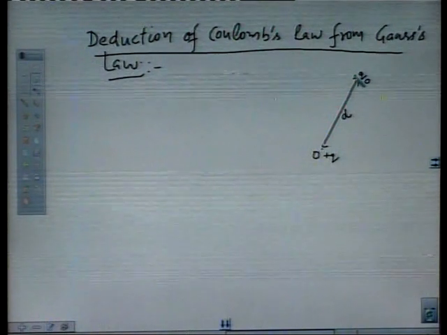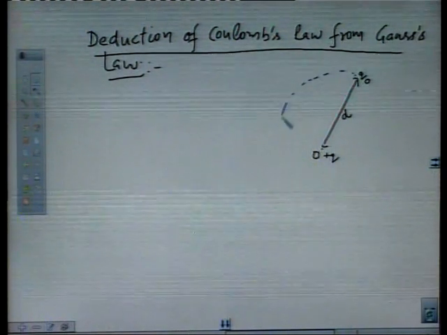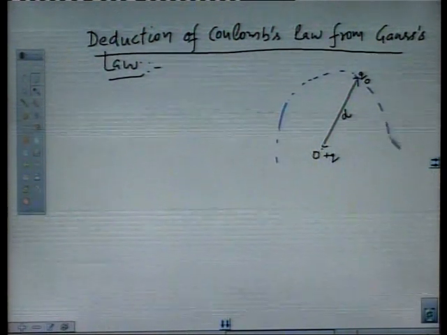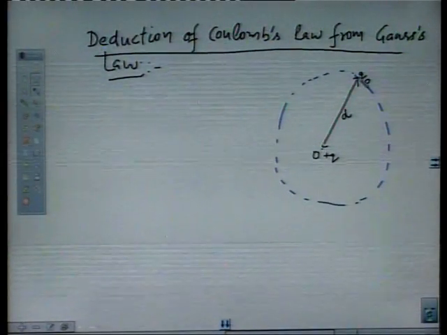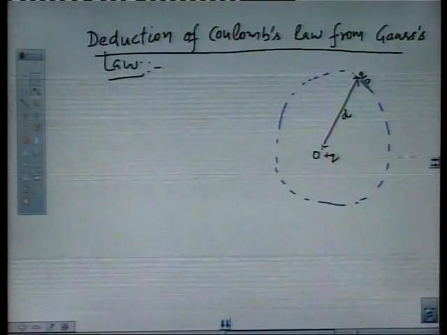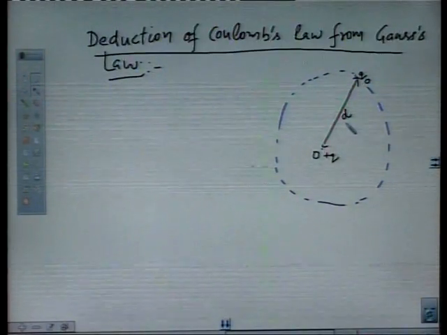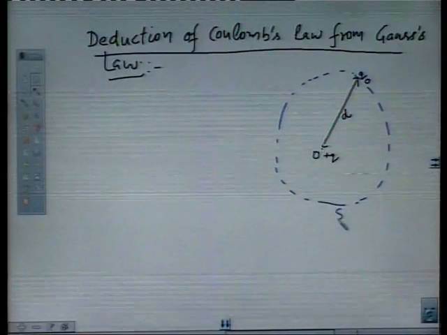Now let us draw a sphere, a Gaussian surface, including this point charge Q naught. The radius of this sphere is d and the surface area of this sphere is S.